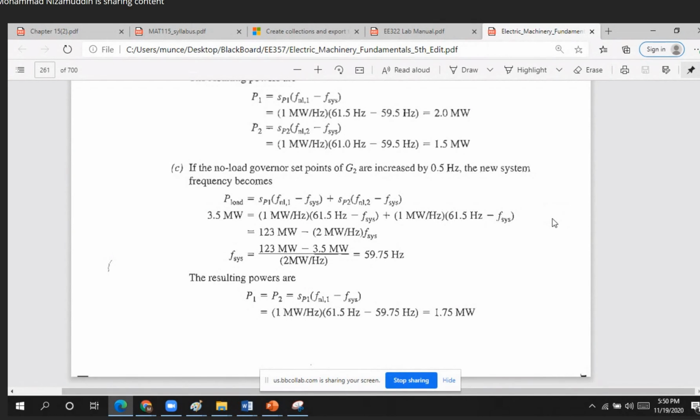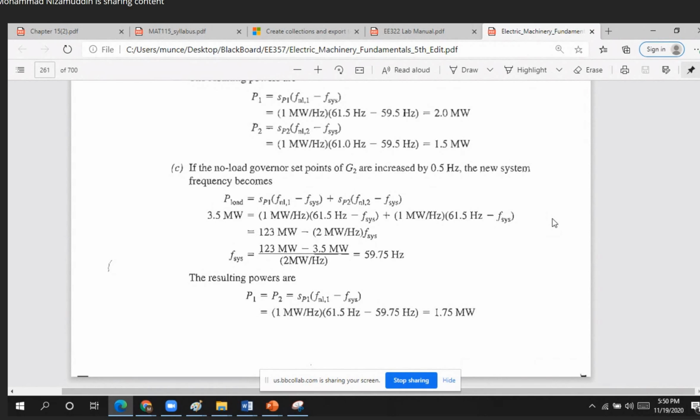Any questions so far? This is parallel operation. In parallel operation, you can get different types of problems, like slope, which you might need to find out. This slope is in megawatts. Don't think that it is reactive power. It is real power. So you have to know the real power instead of reactive power.